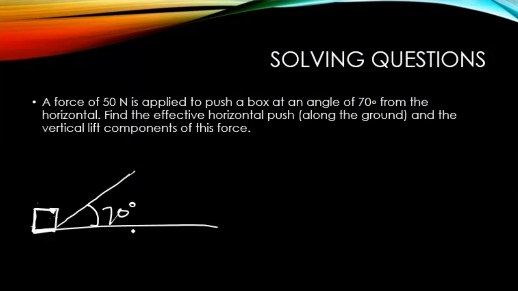Find the effective horizontal push. So the effective horizontal push is the push along the side. And you see, it's inclined, so there will be a vertical push too. It's being raised like this. So basically, they are just trying to let us find the vertical component.